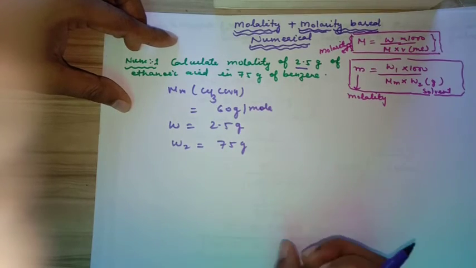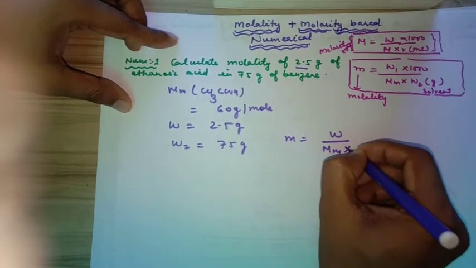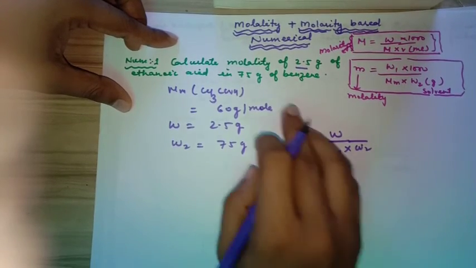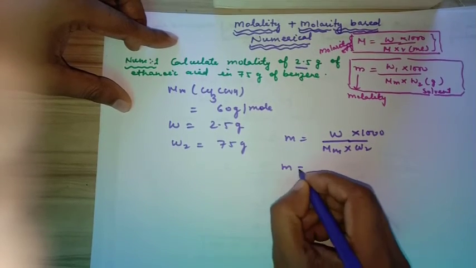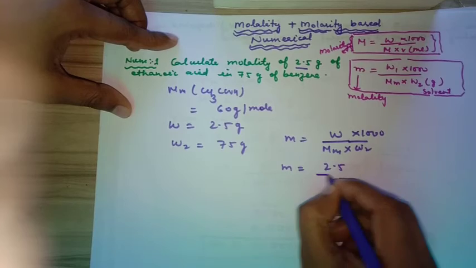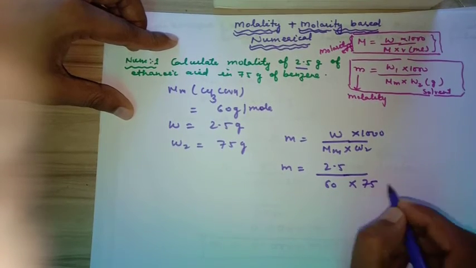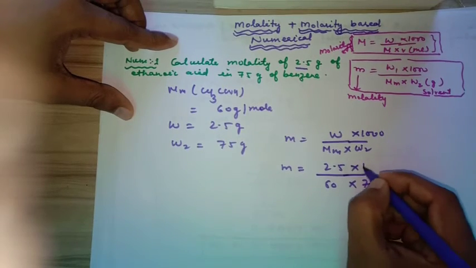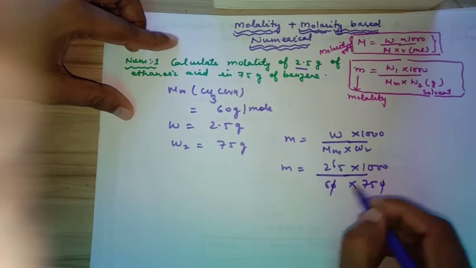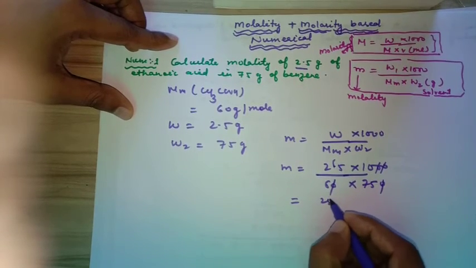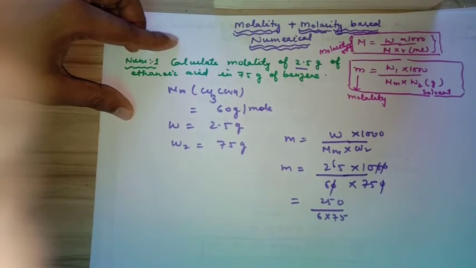Now we have to find molality. So molality is given as W upon mm into W2, and since it is in terms of grams, we multiply above by 1000. So m is 2.5 upon mm, that is 60, into 75, and that will be 1000. So 0 and 0 will cancel out. Now it will be 250 upon 6 into 75.